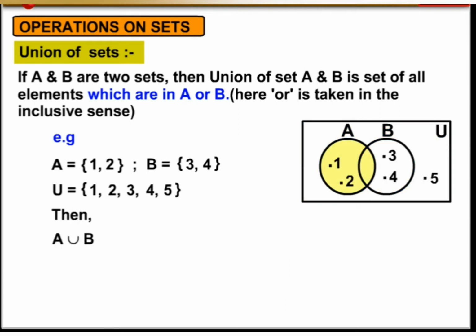Then A union B = {1, 2, 3, 4}. Here you can see in the figure that 1, 2, 3, 4 lie in A and B respectively.